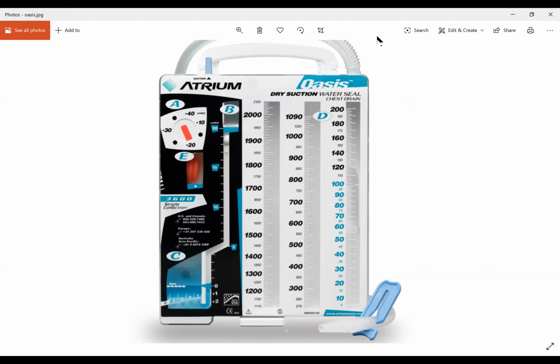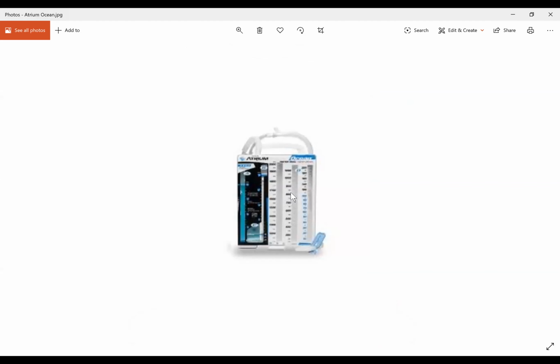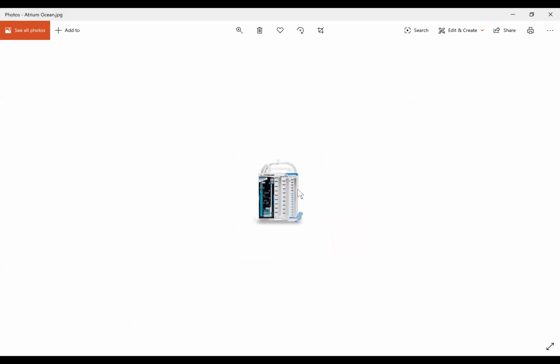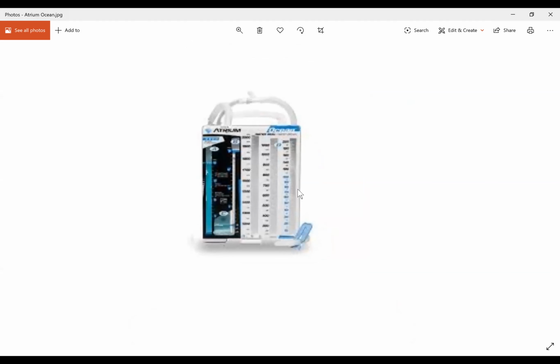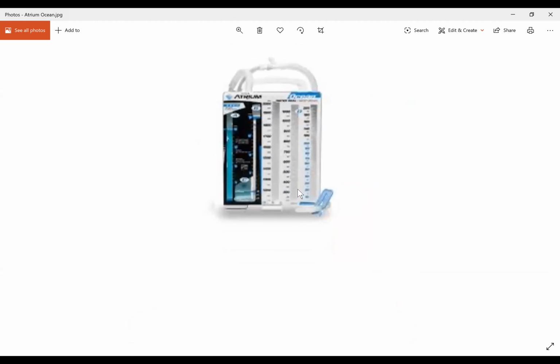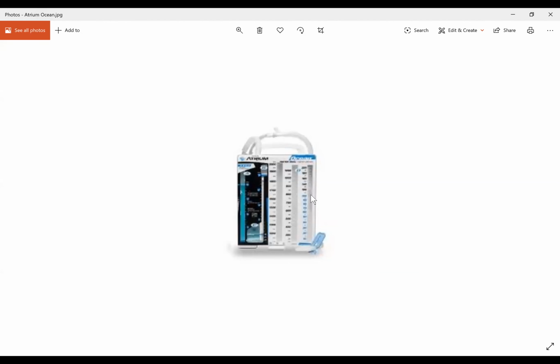This is a wet setup. It's not very good, I saved a bad picture. Anyway, this is your bottle number 1. Still 3 columns. And this is your bottle number 2. No difference there. But see here, instead of that dial, you have this wet column right here.